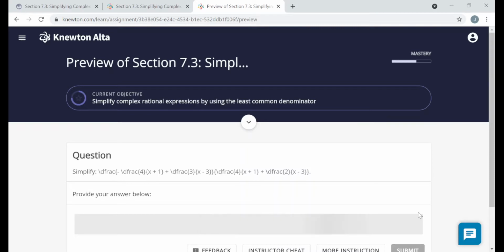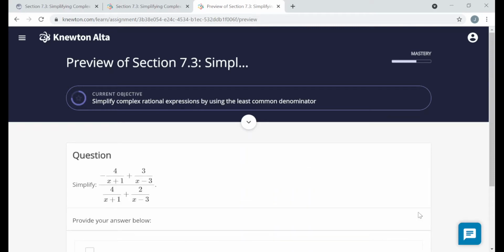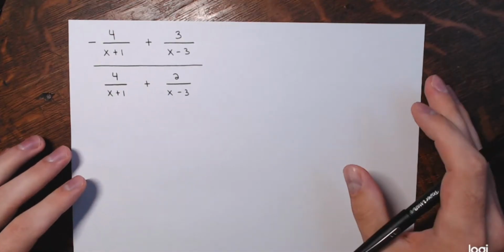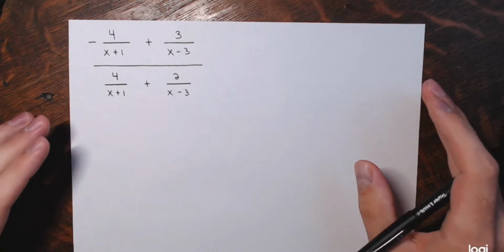All right, the LCD method one more time here. So this time, though, both the numerator and denominator have the sum of two fractions. Right, so we'll be distributing the LCD in both the numerator and denominator. Once again, I'm asked to simplify this using the LCD.